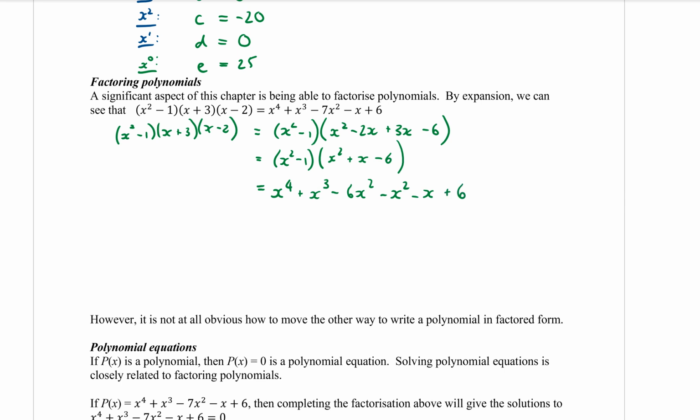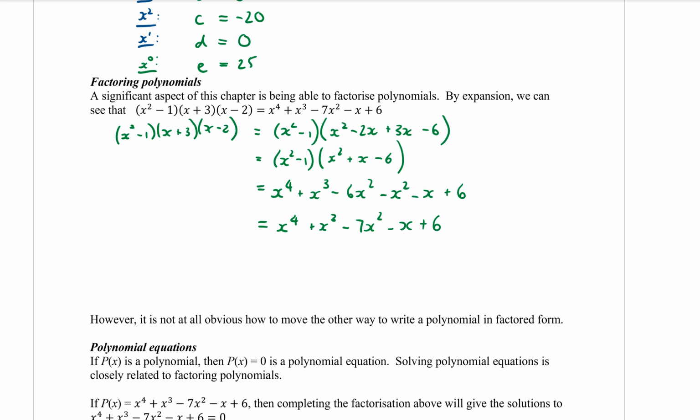Okay, so that's all you do. If you have more than two brackets to expand, you just do them two at a time. Expand two out, simplify them, expand the next one out, and keep simplifying. Do I have some terms to collect in there? Yes, I do. X to the power of 4 plus x cubed. The minus 6x squared minus another 1 will be minus 7x squared minus x plus 6. Okay?